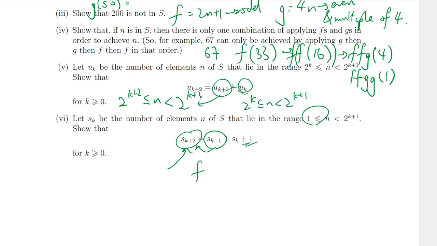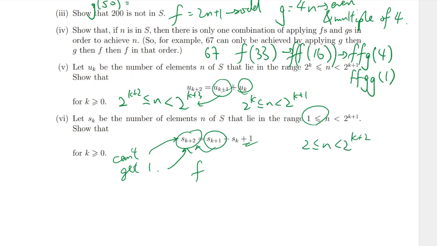But then the difference here is that if you apply F to S_{k+1}, you can't really get the element 1 in S_{k+2}. Like, you can't get 1 here. If you think of the range, you can't get 1, right? Because once you multiply the range by 2 here, then you get 2, right? So you can't really get the number 1 anymore.